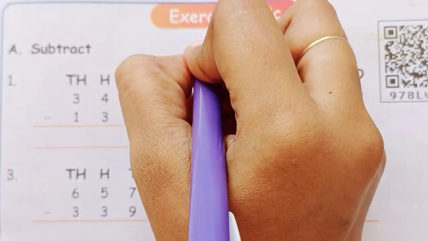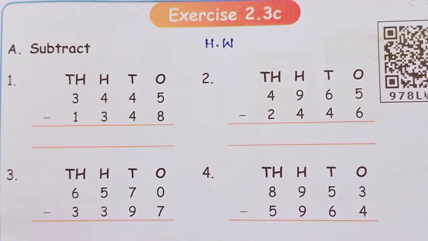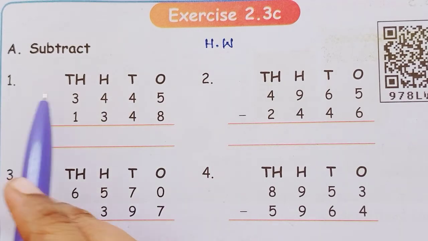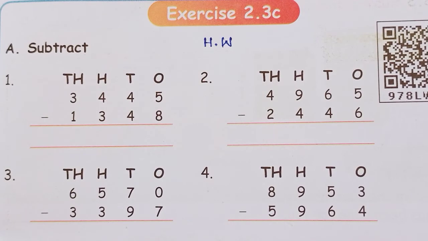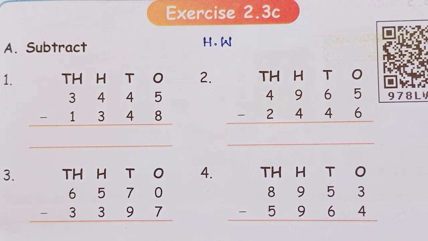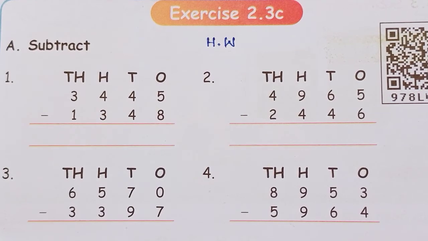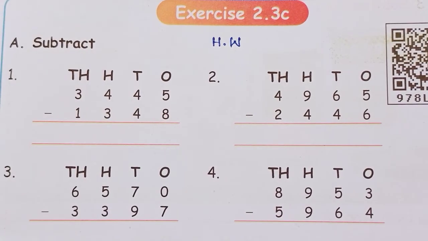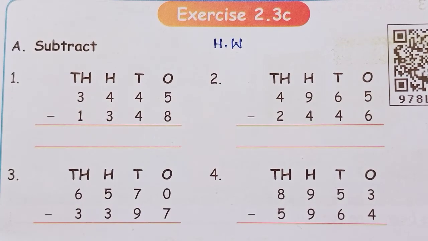That is today's homework. Exercise 2.3c, subtract 1, 2, 3, 4. These 4 sums are today's homework. Did you mark this one? Yes. Then see the next one.